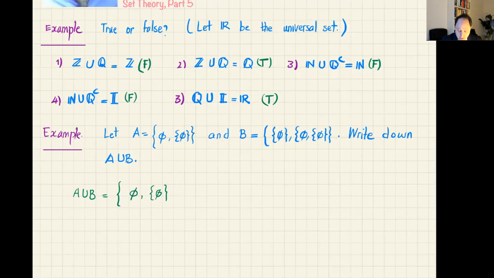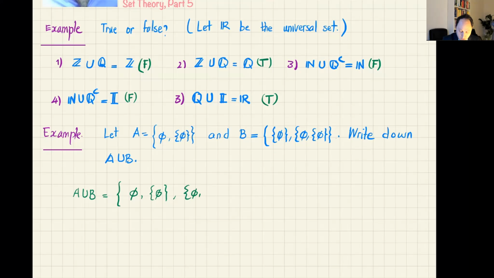But then I go to the second set. The second set also contains 2 elements. One element is this as a package, and this one is another one. So I need to start adding them here. But when I want to add this one, I will see that it is a repetition of one thing which has happened before, so I don't add it. Then I add the other one.